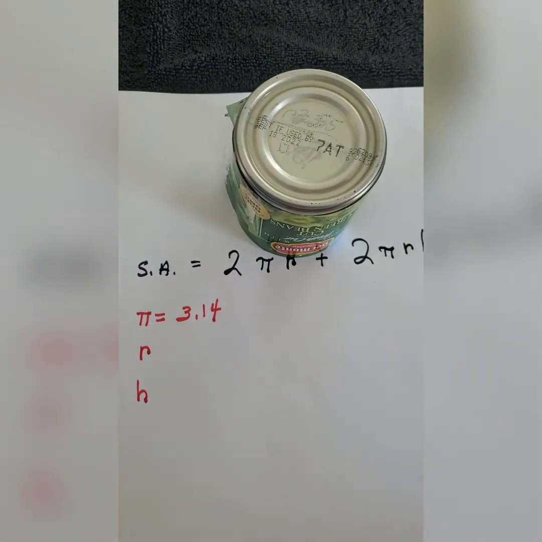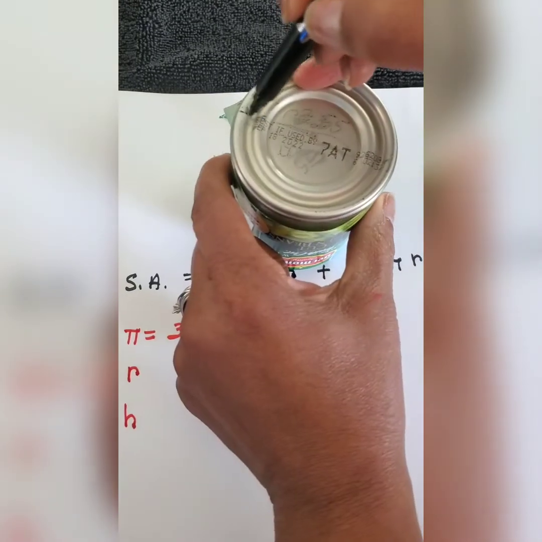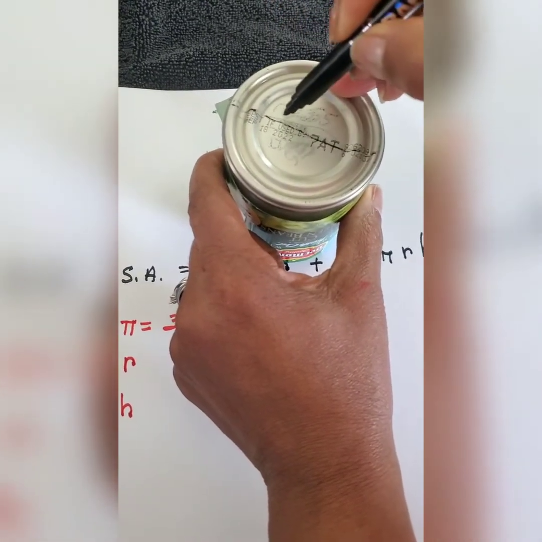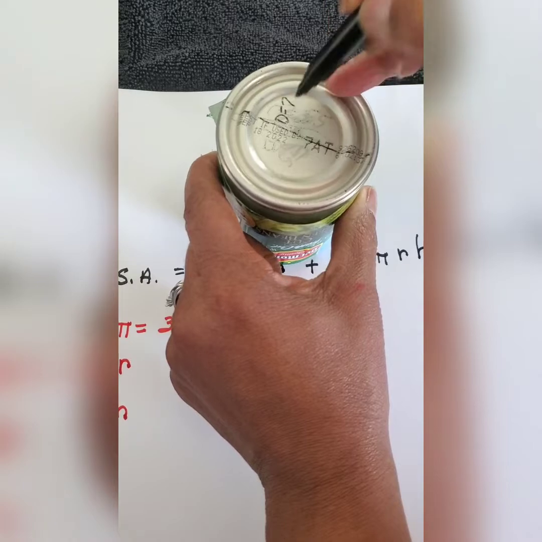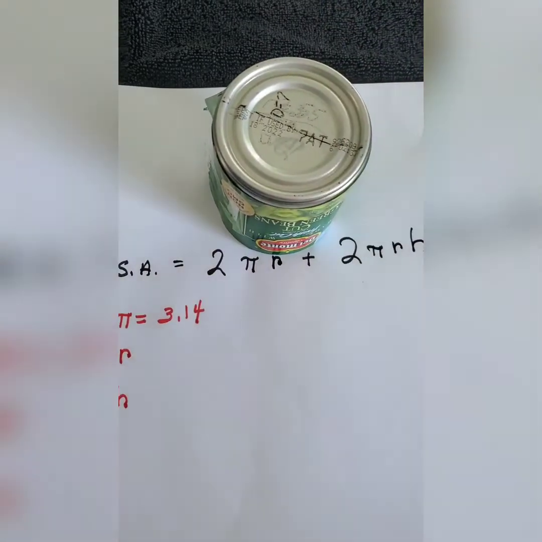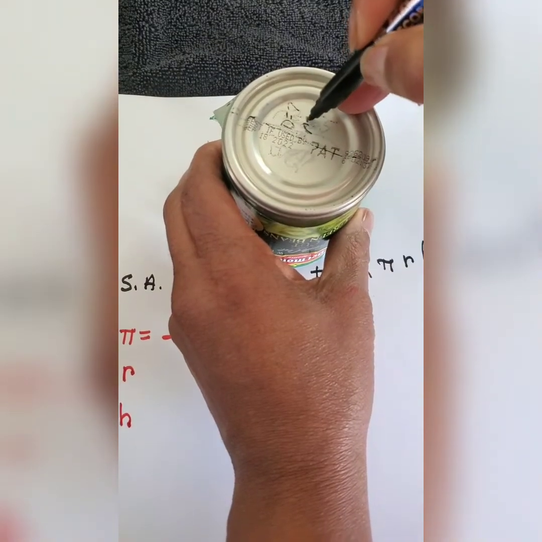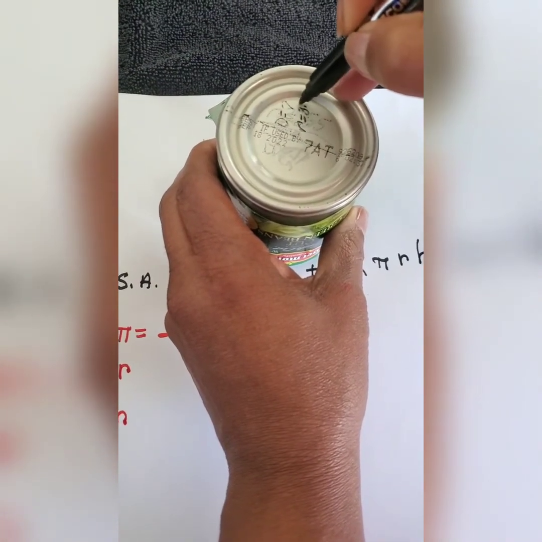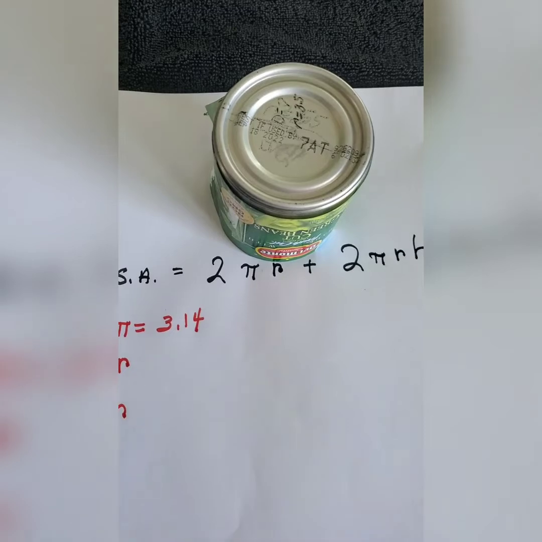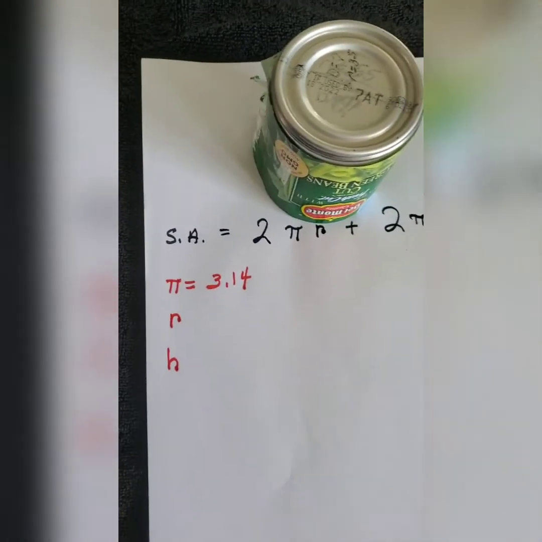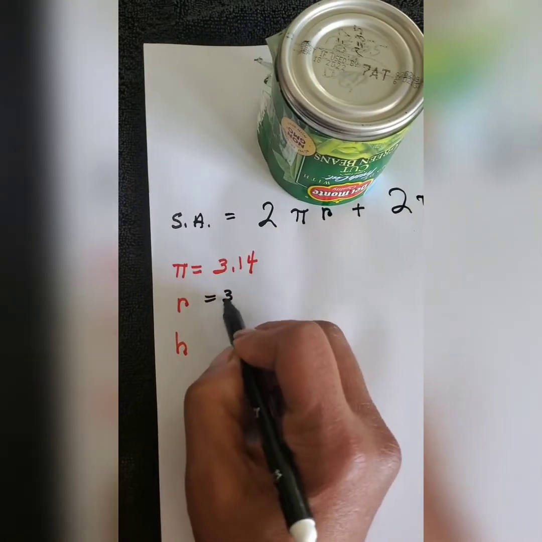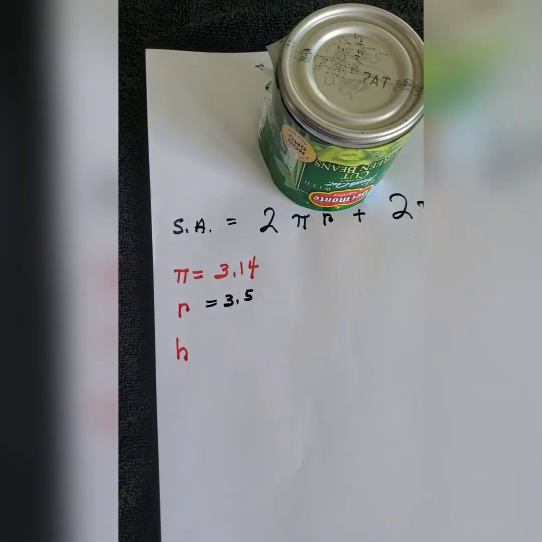Now remember, the diameter is all the way across. Diameter is 7. But we want the radius, and the radius is half of that. So half of 7 is 3.5. So my radius is going to equal 3.5, okay, centimeters.